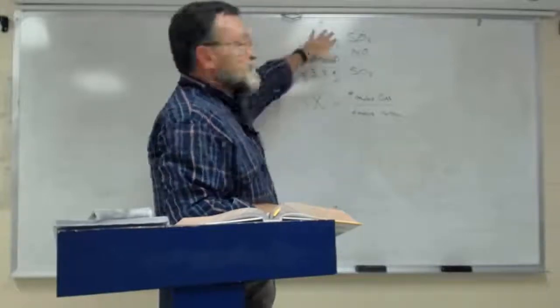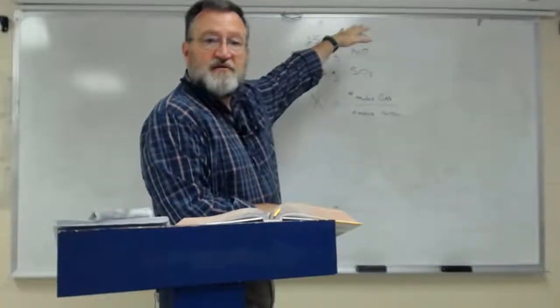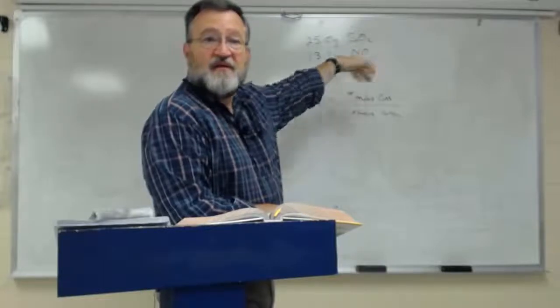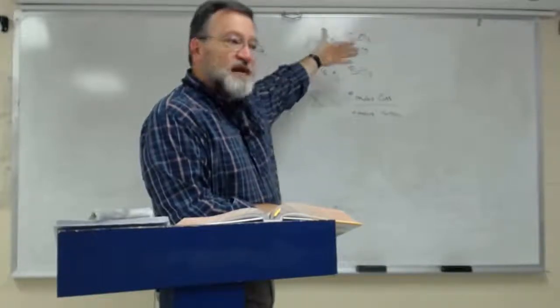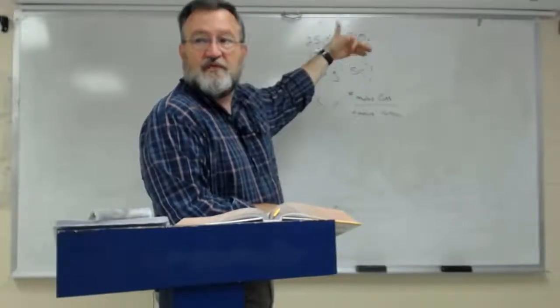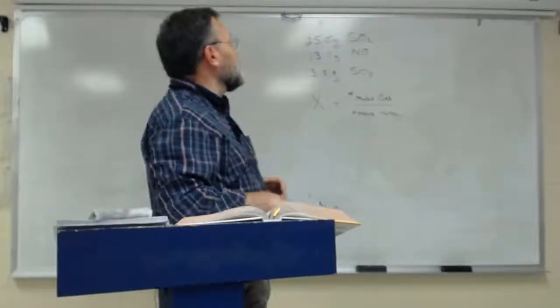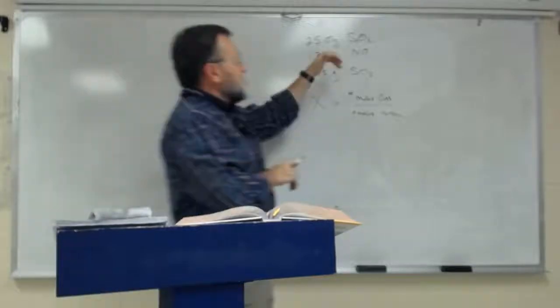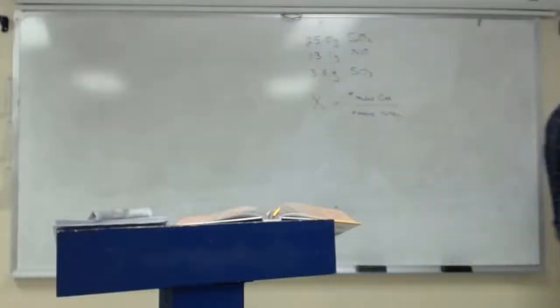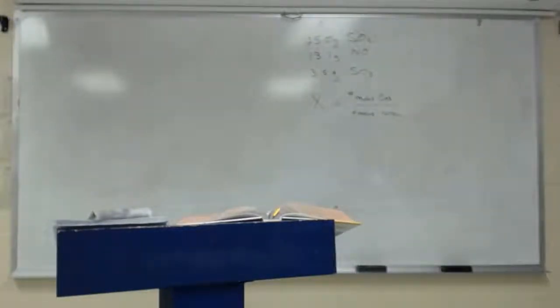So for each one of these, we need to come up with the molar mass of the gas, divide the mass collected by the molar mass of each gas, and that should give us the number of moles of each gas. SO2: the molar mass of SO2. Sulfur is 32, oxygen is 16.